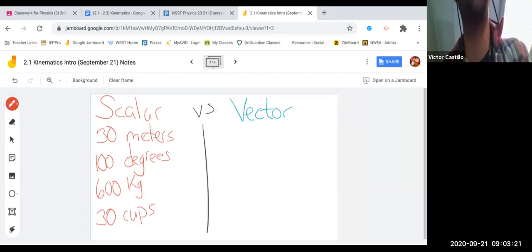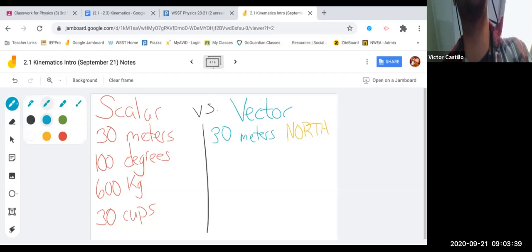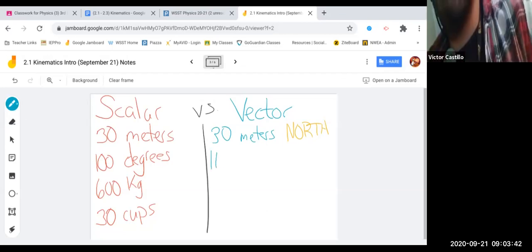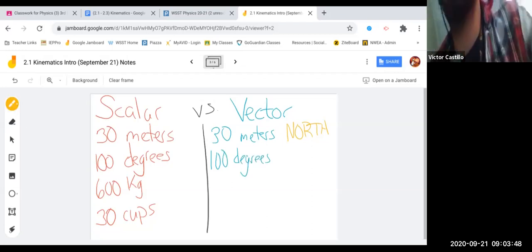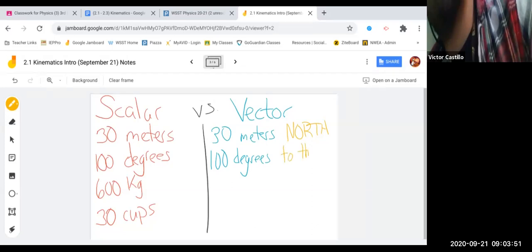We need direction. So how a vector will make this better is that it's not only 30 meters, but maybe it's 30 meters north. And then maybe it's 100 degrees, but not just any 100 degrees, maybe it's 100 degrees to the left. Let's do another one, like 75 joules.